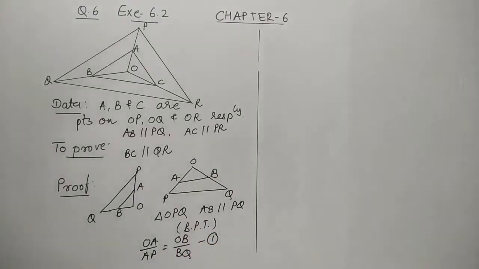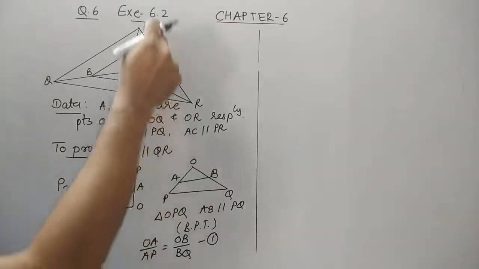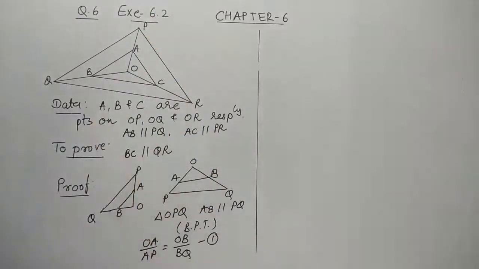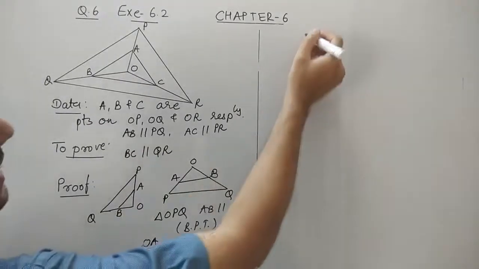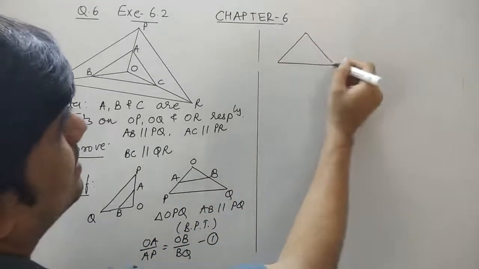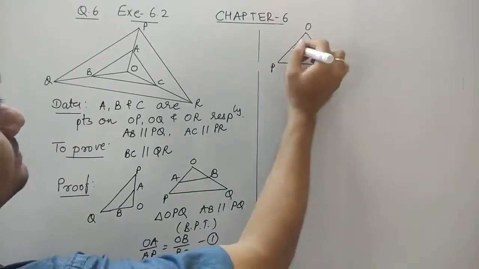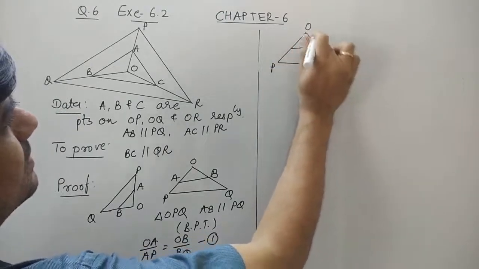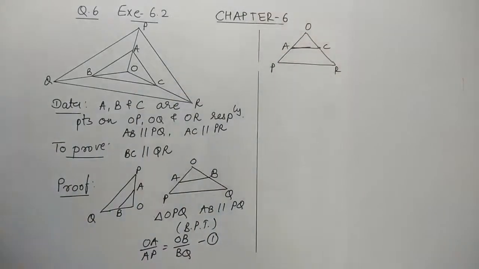Let's come to the second. AC is given parallel to PR. So let us go for it. I'll draw the diagram in the same pattern. I'll keep it here O, this is P and this is R. This is AC, which is parallel to PR.